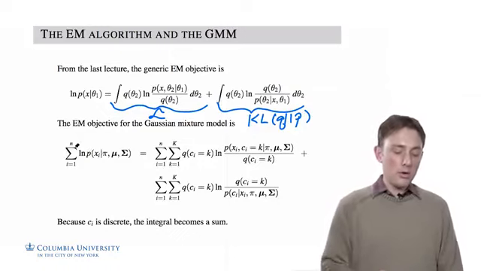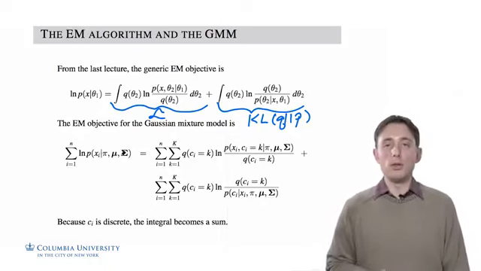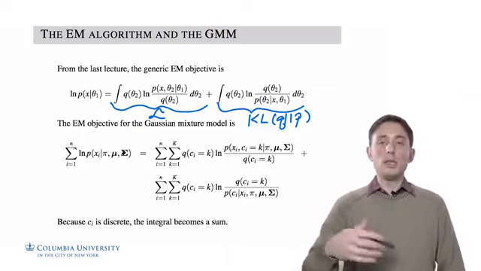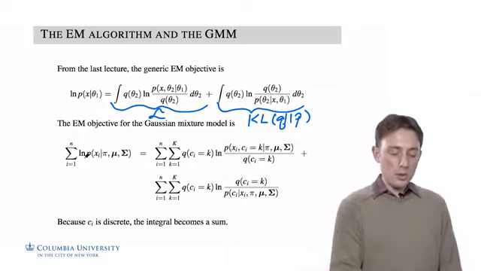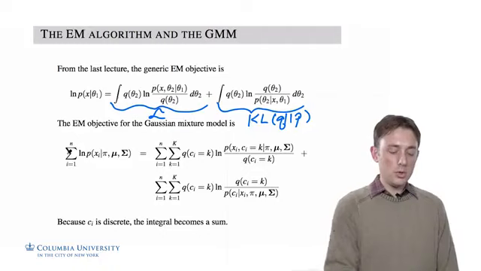So we have a sum over all of the data of the log of the probability of each point given our Gaussian mixture model parameters. And now we introduce the hidden variable. So what we're doing here is you can ignore this first sum the first time you look at it.